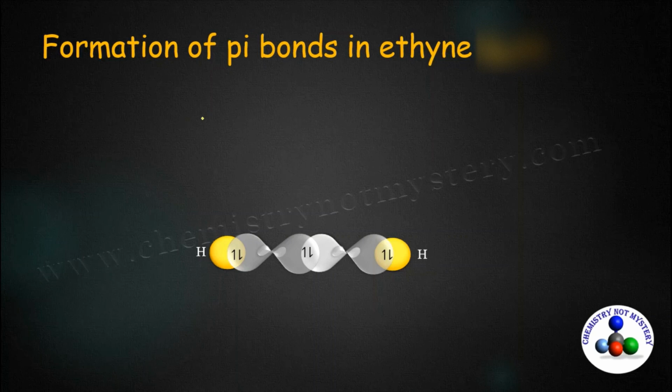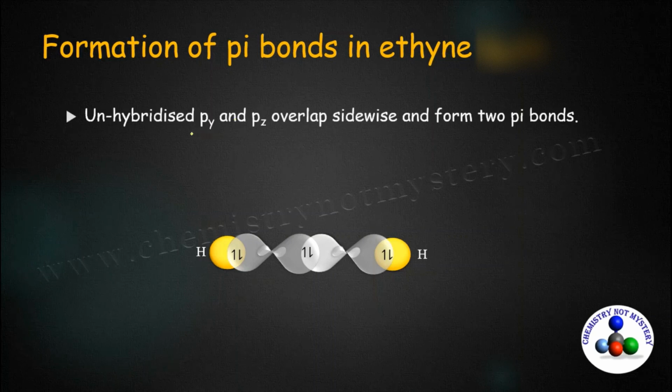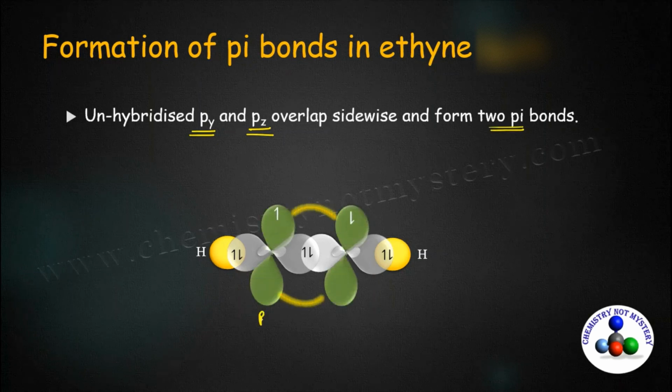For the formation of pi bonds, we are going to use unhybridized py and pz atomic orbitals. As there are two unhybridized orbitals, we will get two pi bonds. These are the two py atomic orbitals of each carbon. They are both perpendicular to the plane, but they are parallel to each other and they both contain a single electron.